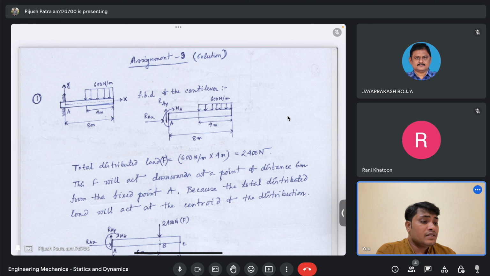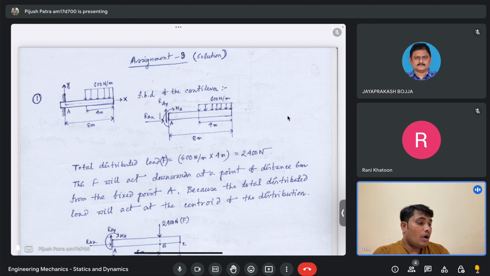So when we draw the free body diagram of that beam, which is of length 8 meter, due to that built-in portion of the beam, you will have a reaction force both along the vertical and the horizontal direction, and you will have a reaction moment.